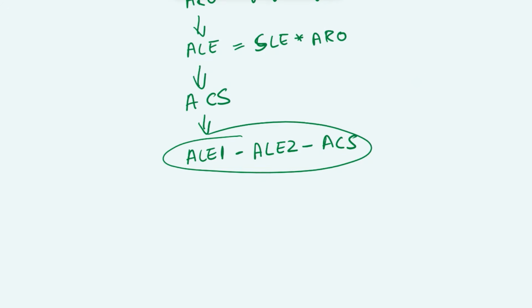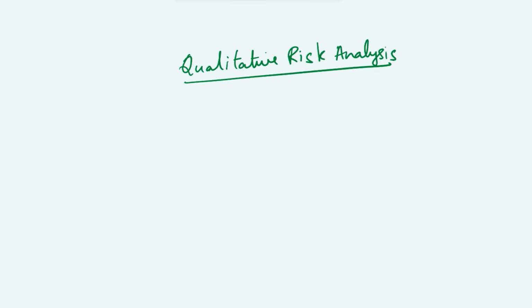Okay, so this is about quantitative risk analysis. Now we'll talk about qualitative risk analysis. This focuses more on scenarios and subjective evaluations rather than precise calculations. Instead of assigning specific dollar values to potential losses, it involves ranking threats on a scale to assess their risks, costs, and impact.